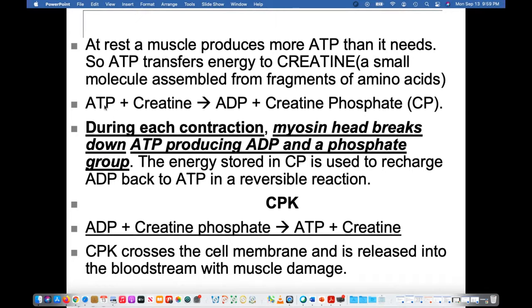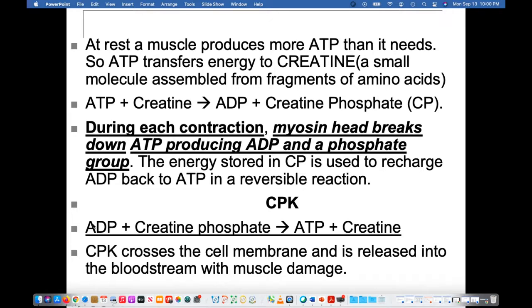So ATP loses a phosphate. When it loses one, it's going to become ADP, adenosine diphosphate. And creatine gained the phosphate, so it's called CP. Okay? And remember, during each contraction, the myosin head breaks down ATP. It needed that ATP, producing ADP and the phosphate again.